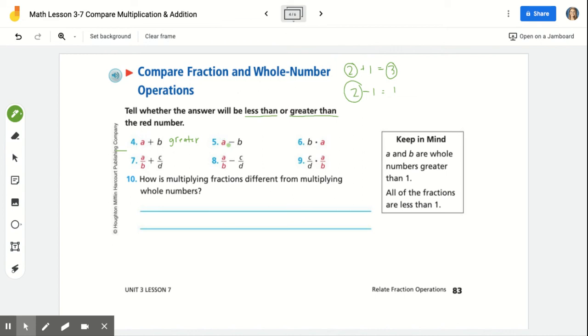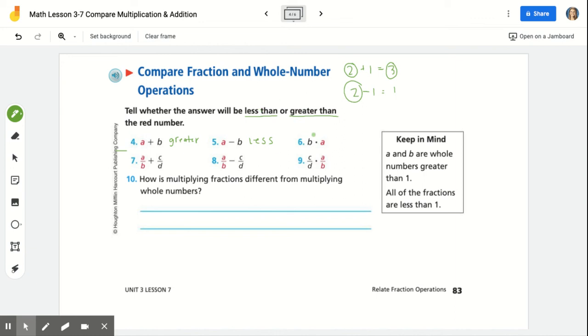In our subtraction problems, the answer has to be less than what we're starting off with. So let's write less next to number 5. There's no way for us to get an answer that's greater than the number that we start off with in a subtraction problem. So for example, 2 minus 1, if you got an answer like 5, that would be a huge red flag. There's no way we can have an answer that's 5 because we only started with 2 to begin with.